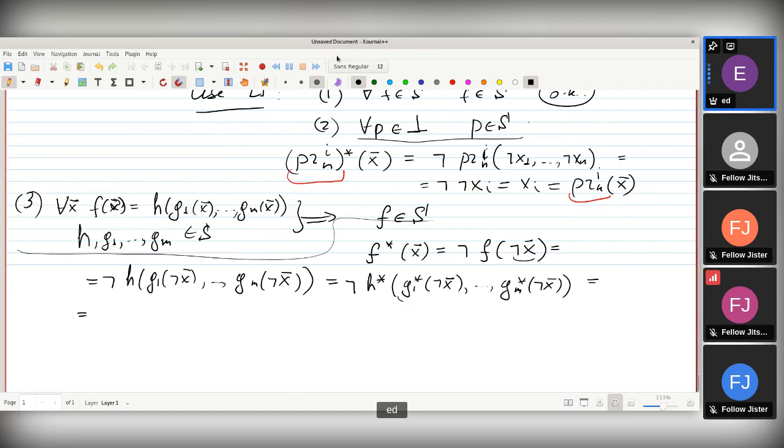But what is the dual of g at not x? It will be not g1 of not x. And the same here: not gm of not x.